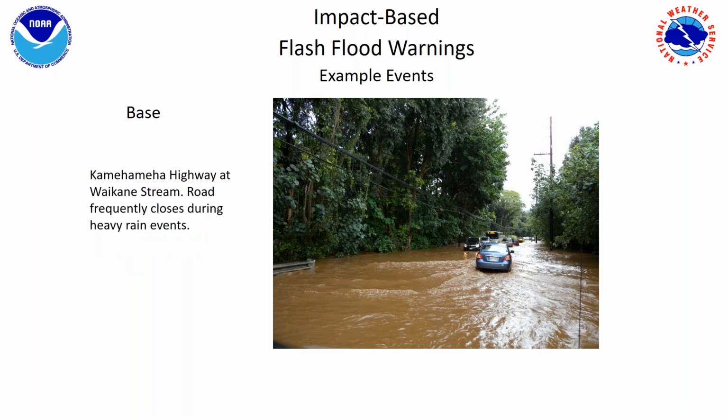And this is another example of a base type event. You have a highway that's been inundated. It's also one of our more frequent flooding impact sites at Waikane Stream on Kamehameha Highway. This road closes a lot, but a lot of times it can be the only impact during a heavy rain situation.